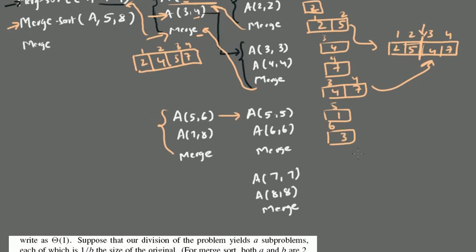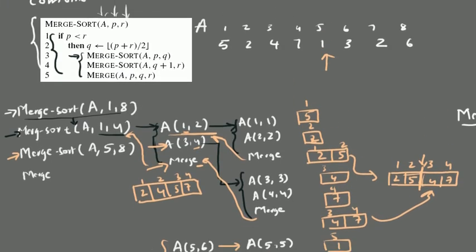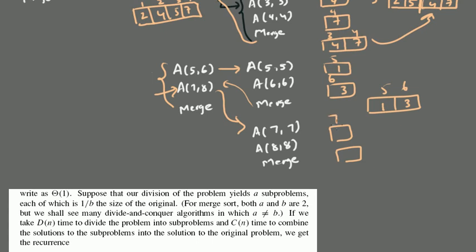So when I merge in A 5 and 6, I have 1 comma 3, right? So this is returned. Now this is executed, which invokes these set of calls, and A 7, A 8 I have 2 6. So at 7 I have 2, at 8 I have 6, and I merge. So at 7 8 I have 2 6, and this returns to merge.